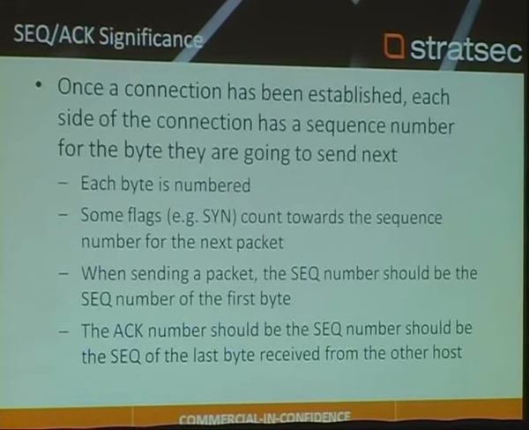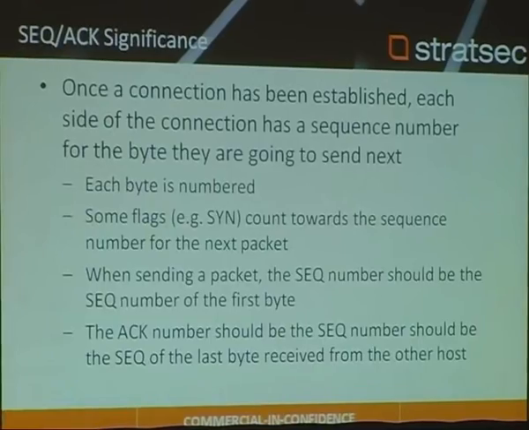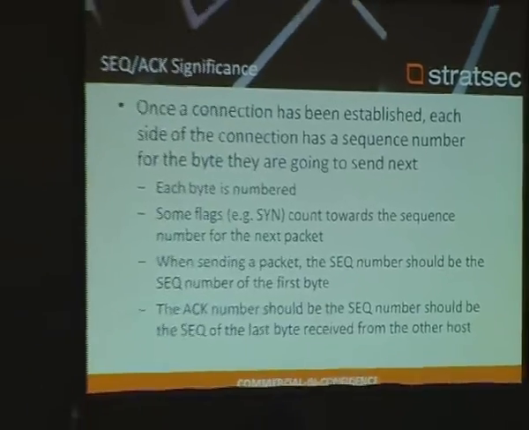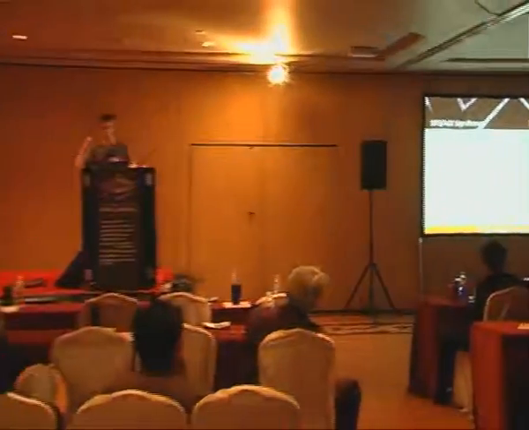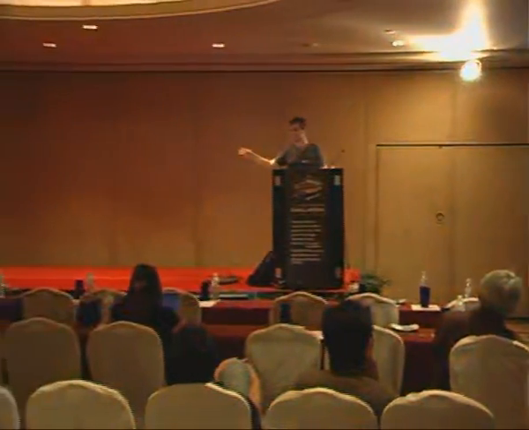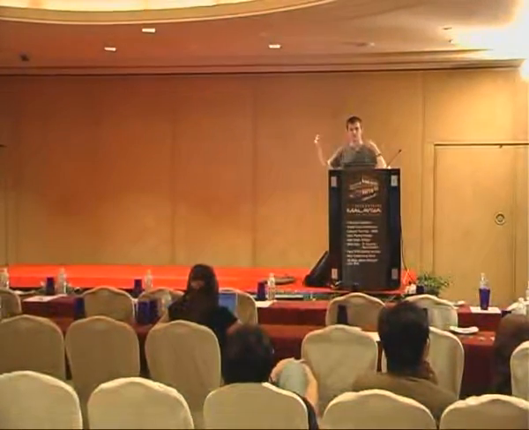The reason for this is when a host gets a packet on that tuple of IPs and ports, it validates the sequence and acknowledgement fields to see if it's expecting these particular bytes of the stream at this time. So when you bootstrap a connection, with the TCP three-way handshake, you essentially transfer a sequence number to the other host and you get one back. And every time you send a byte, it essentially has a sequence number attached to that byte.